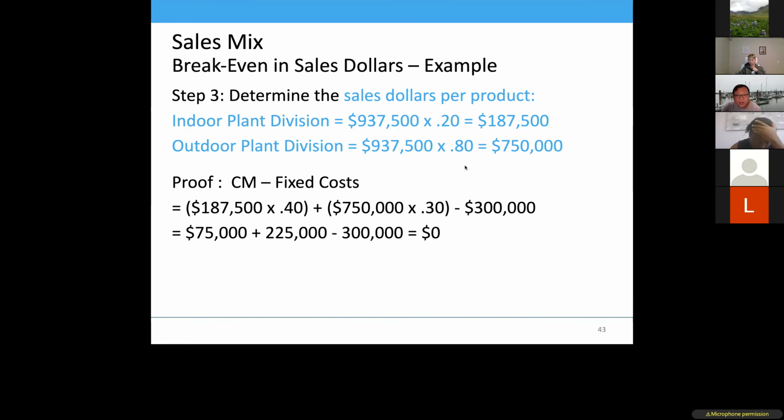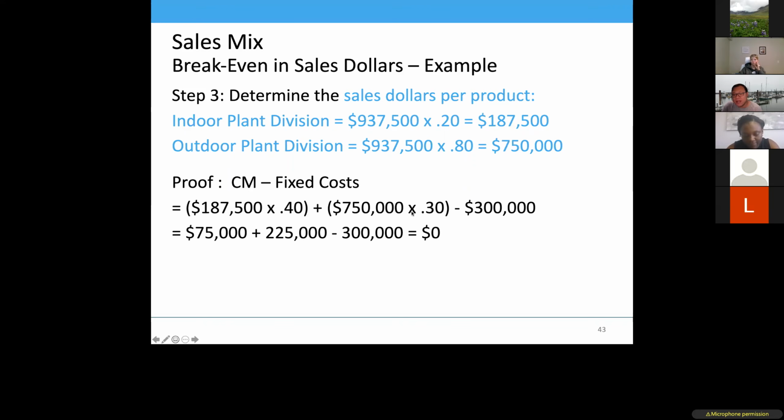Okay, so is this correct? So let's double check. The sales for the indoor, 187,500 times the contribution margin ratio, and this gives me the total contribution from the indoor division.